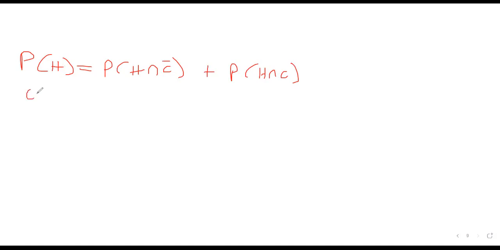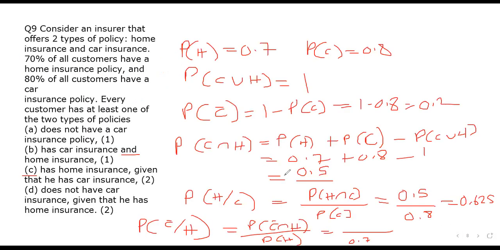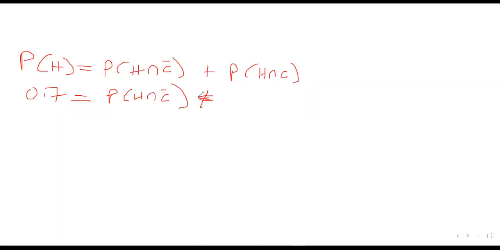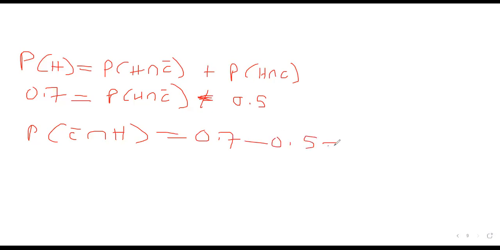So what's the probability of H? 0.7. What's the probability of the complement on C? We don't know. But what's the probability of H intersection C? We just calculated it here. H intersection C is C intersection H, which is 0.5. So this is plus 0.5. And when it goes to the other side, the probability of C complement intersection H will be 0.7 minus 0.5, which is 0.2.